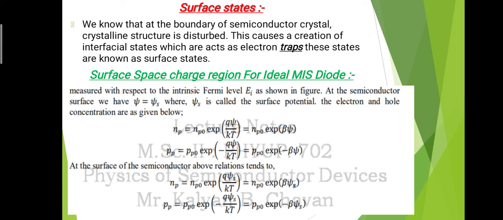We know that at the boundary of the semiconductor, the crystalline structure gets disturbed. This causes the creation of interfacial states, which act as electron traps. These states are known as the surface states. Before going through this definition in detail, we know that in general there are two types of crystal, a single crystal and a polycrystal.